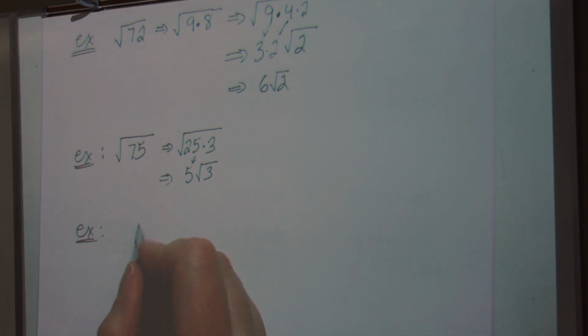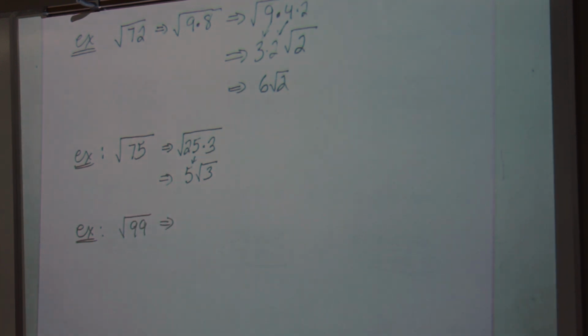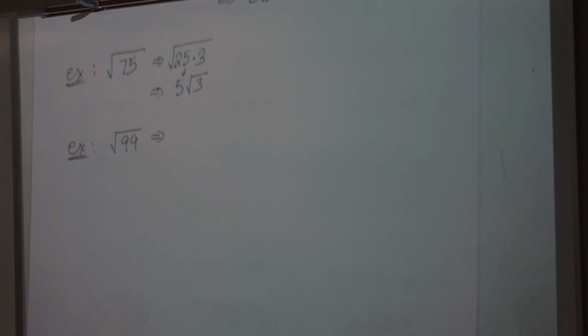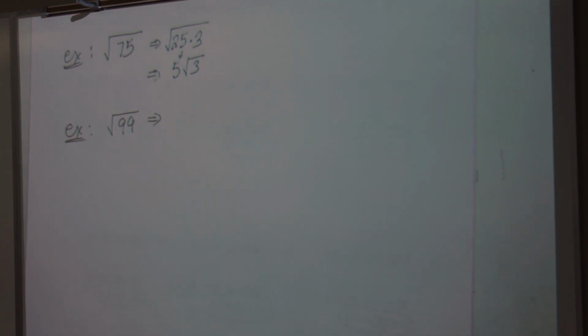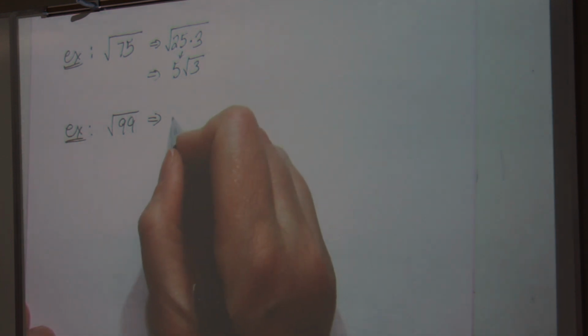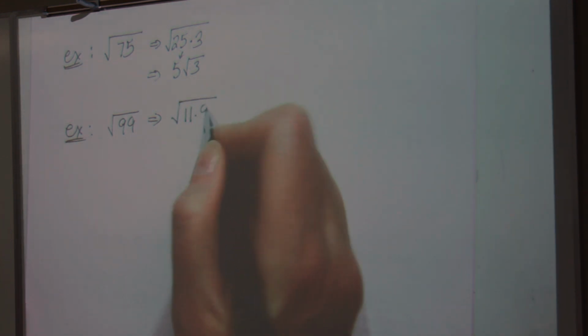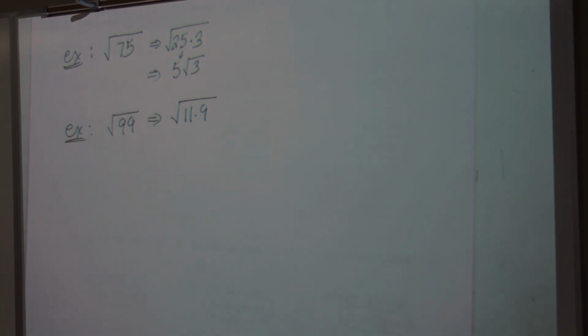Let's try the square root of 99. 99 is 11 times 9.